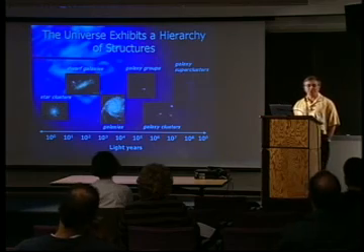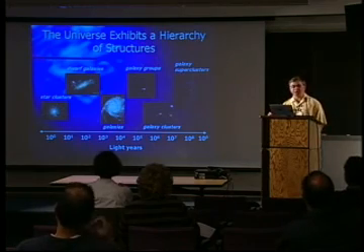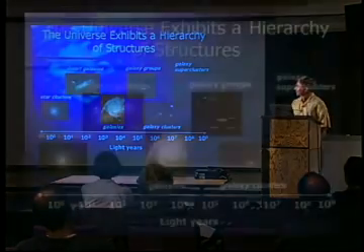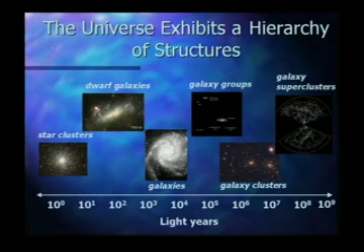Well, what I've shown you is the distribution of galaxies on very large scales, but the universe exhibits a hierarchy of structures on a vast range of scales, and we've been talking about this supercluster scale on length scales of about 1 billion light years. If we go back to the humblest of stellar systems, we have clusters of stars, which we find in our own Milky Way galaxy.